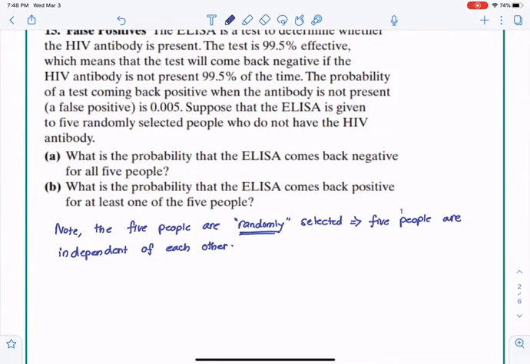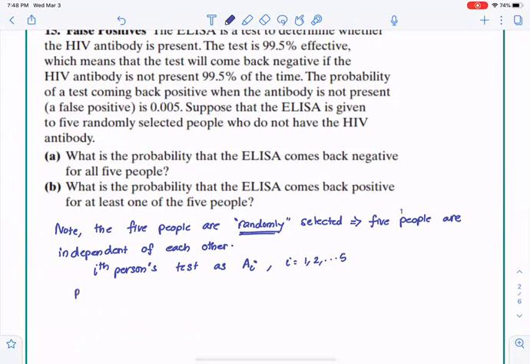So let's say I will call the ith person's test Ai. So A1 through A5. We want to find the probability that the test comes back negative for all 5 people.